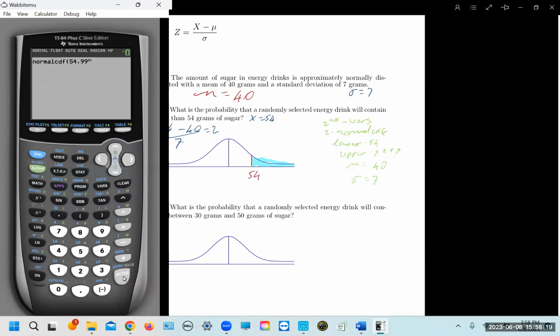So we can have this area right here, which is 0.0228.